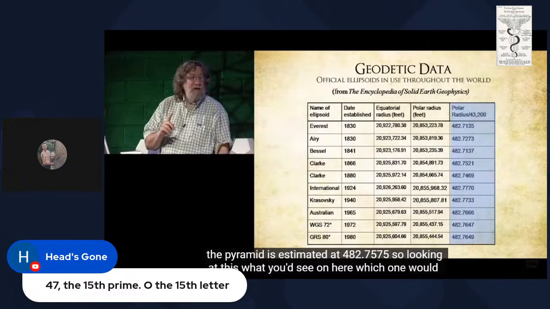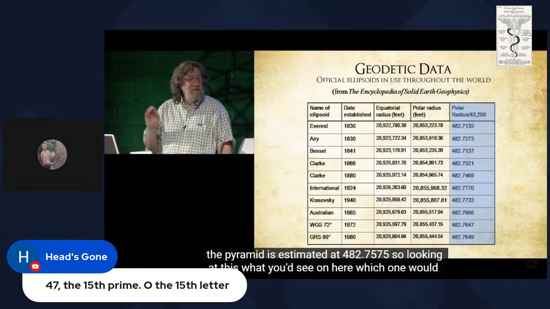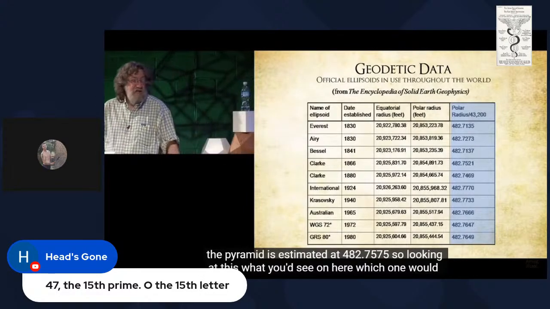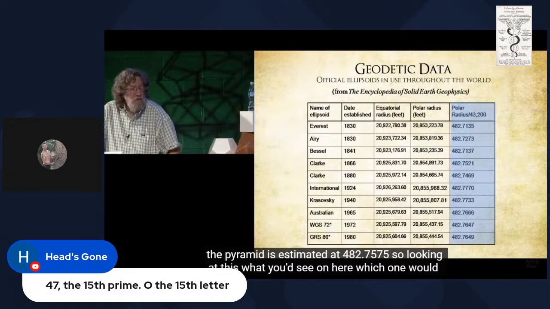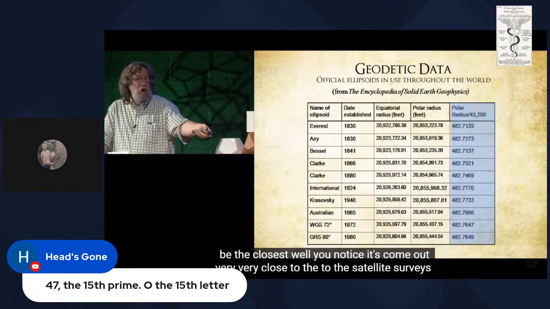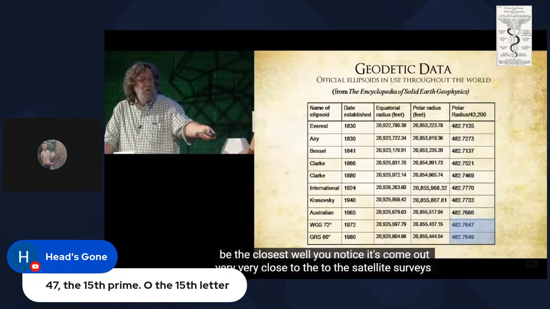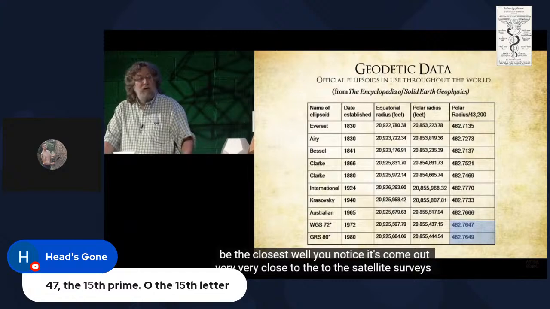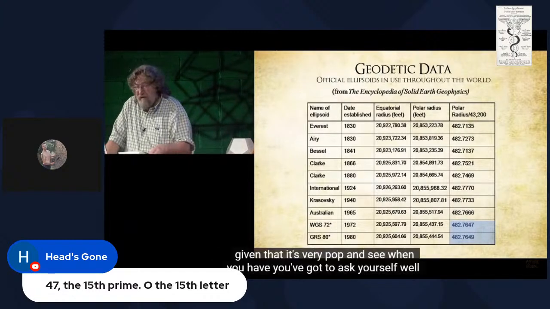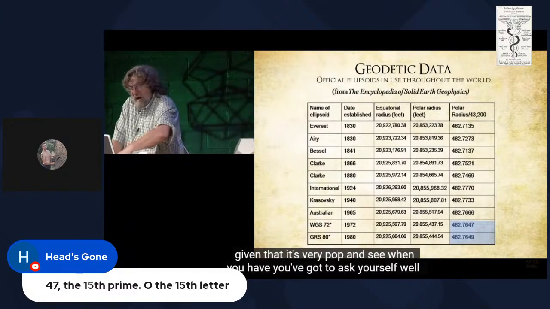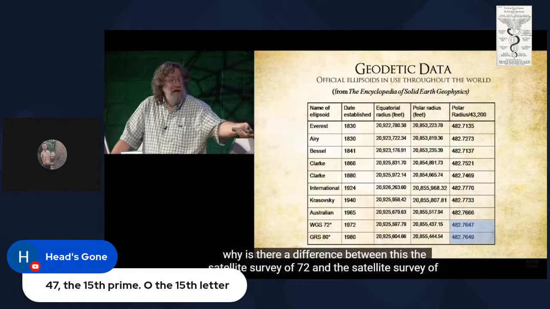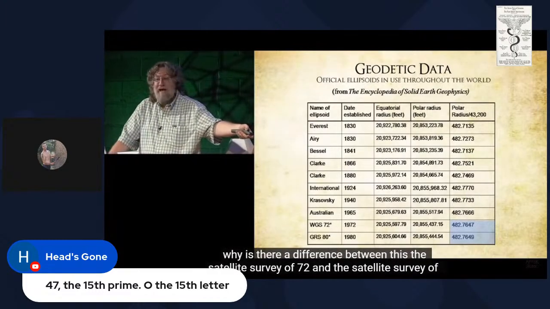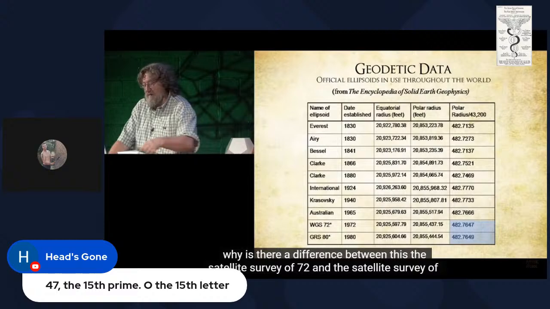Remember, the height of the pyramid is estimated at 482.7575. So looking at this, which one would be the closest? Well, you notice it's come out very, very close to the satellite surveys. And you have to ask yourself, why is there a difference between the satellite survey of 72 and the satellite survey of 80?